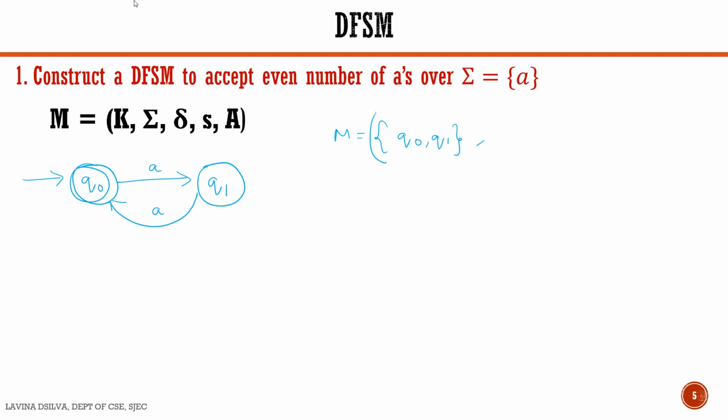Our sigma is equal to A, only a single alphabet. The transitions we will write in a transition tabular format, so we keep the same representation, delta. S is the start state, and we know Q0 is our start state. A is a set of final states, so we know that Q0 is our final state. Therefore, the transitions I will write in a tabular format for you. Delta, and the columns stand for the input alphabets.